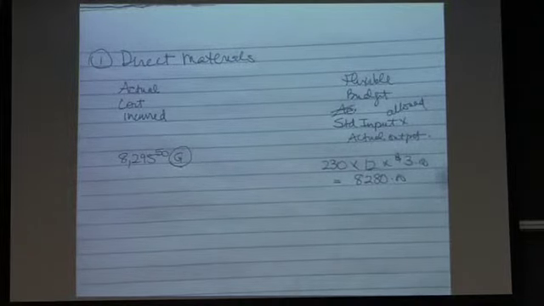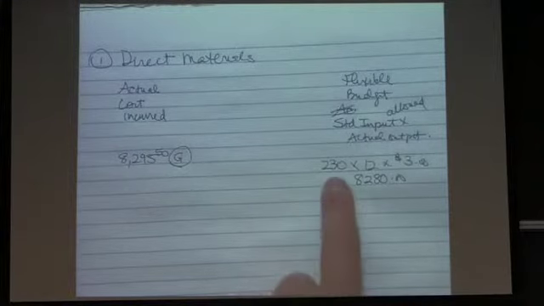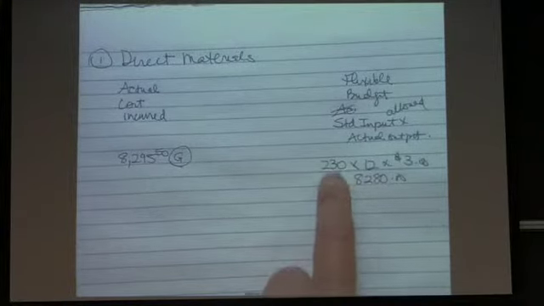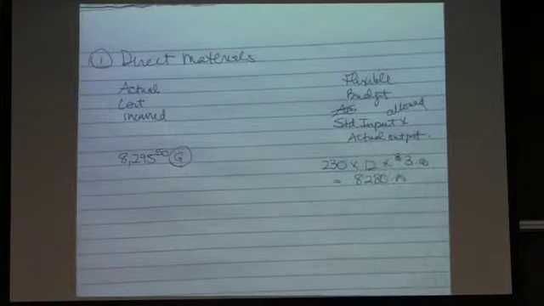So the flexible budget is meant to showcase the standard input allowed for the actual output. We made 230 actual output, but we want to know the standard formula to make each shawl.